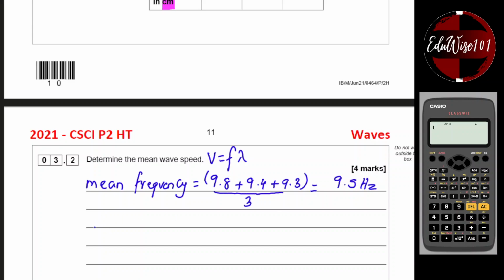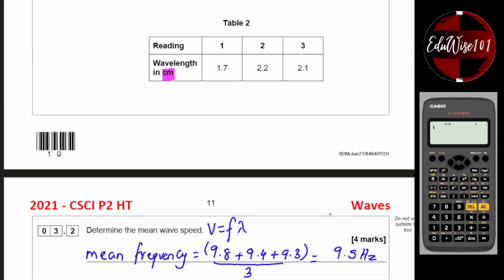And the mean wavelength: I'm going to use the values in centimeters, and then we can convert the final mean wavelength to meters rather than converting all three values.